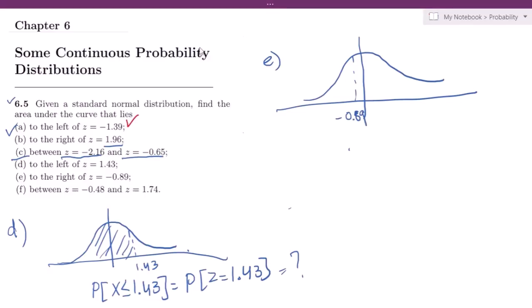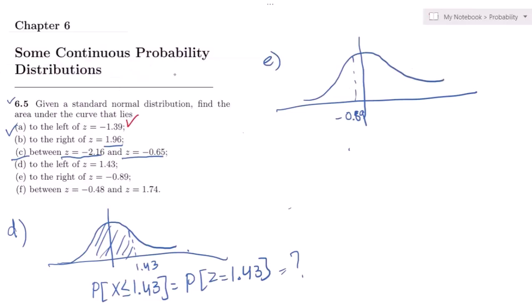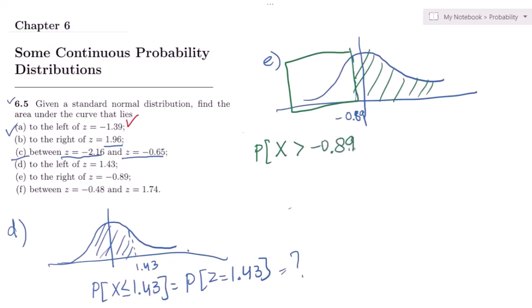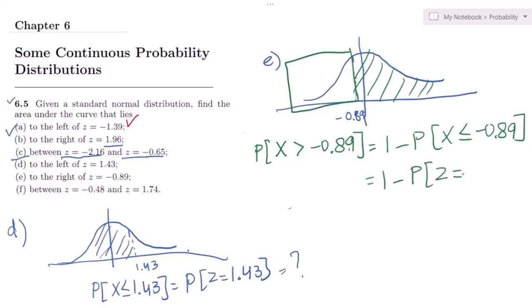This is basically this area to the right of it, but in the table we have the area to the left, so here the probability that x is greater than minus 0.89 is 1 minus the probability that x is less than or equal to minus 0.89, and it would be 1 minus the probability that z is equal to minus 0.89. You have to do it and you will get the answer.